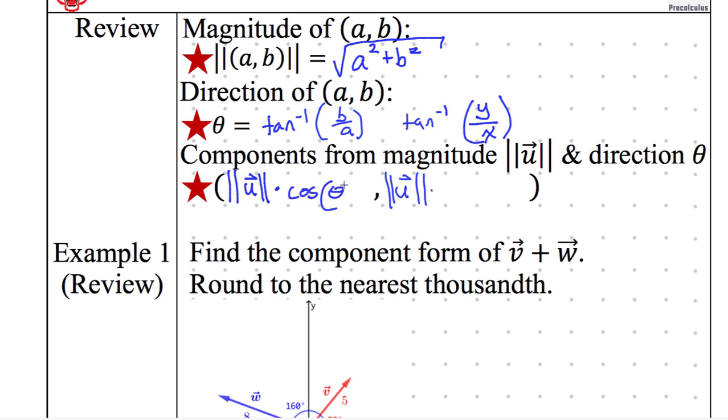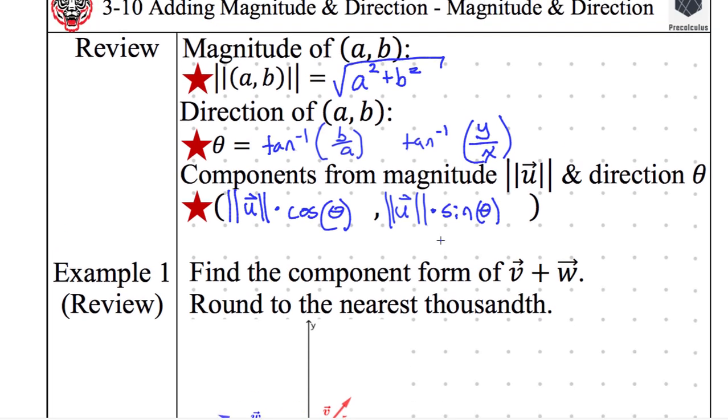Cosine of the theta and sine of the theta. There it is. Nice. Make sure you have it in your notes. If you write it down, it does help you remember it. At least a little bit. Some people more than others, for sure. Cool. So we know how to get to component form from polar form.